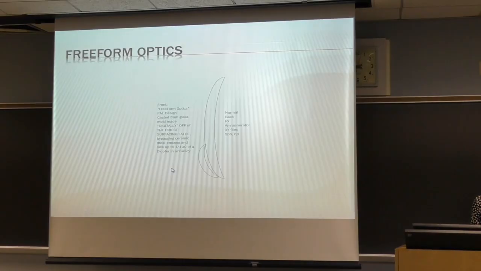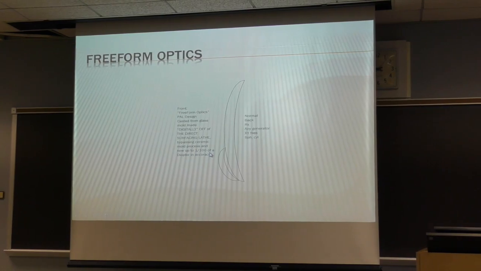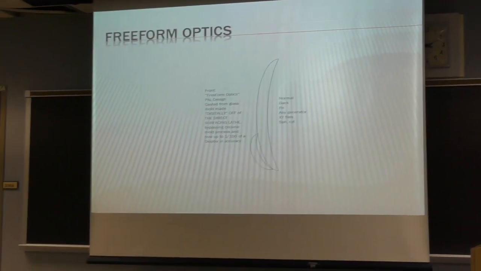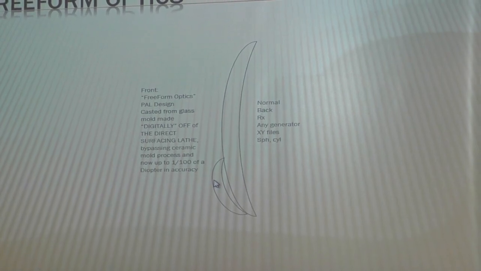So then we go into another level of freeform optics where the front is still a mold, but it is digitally cast. In other words, no more ceramic to glass copy. It is directly applied to the mold from the freeform machine. It's still a molded product though, and the design is still on the front.